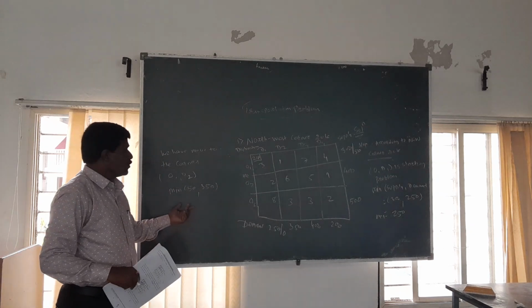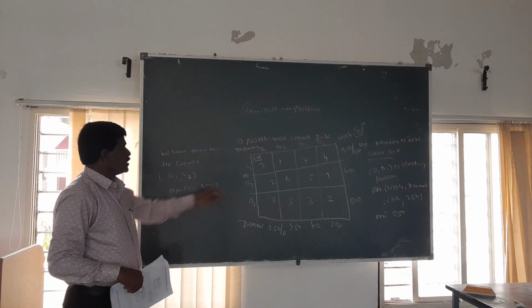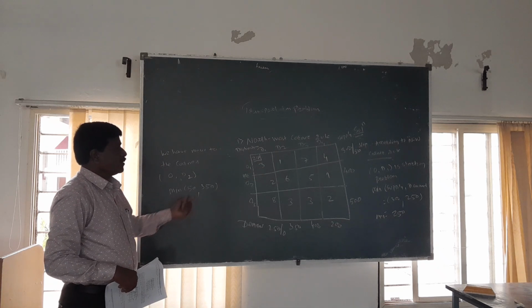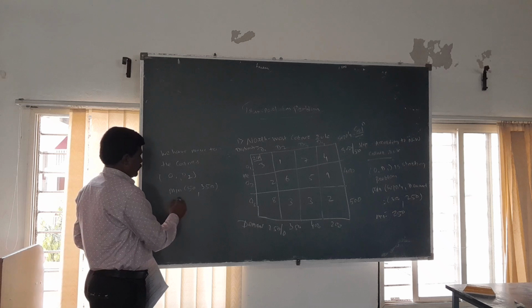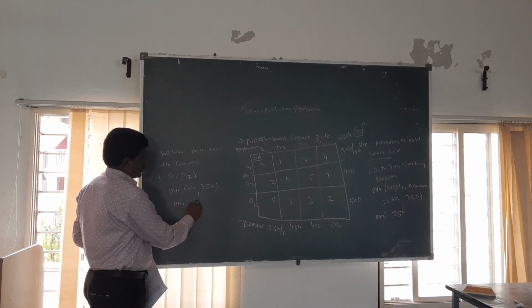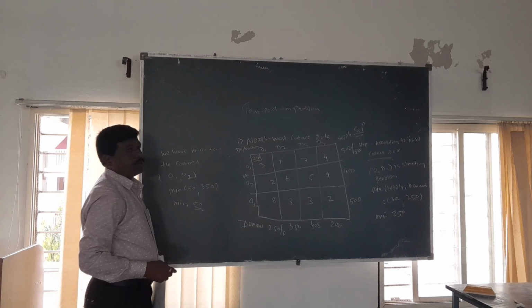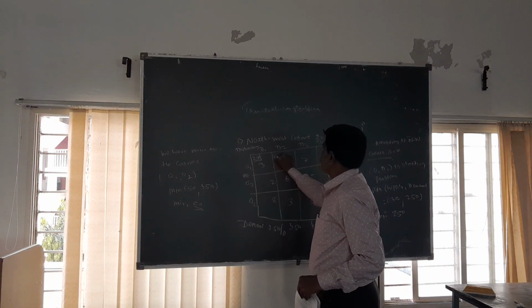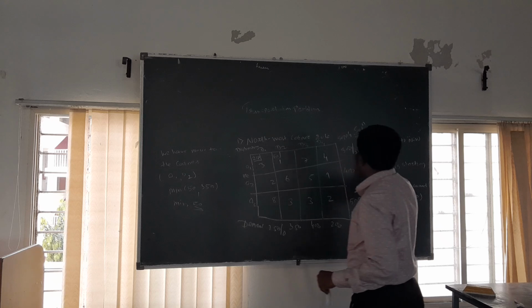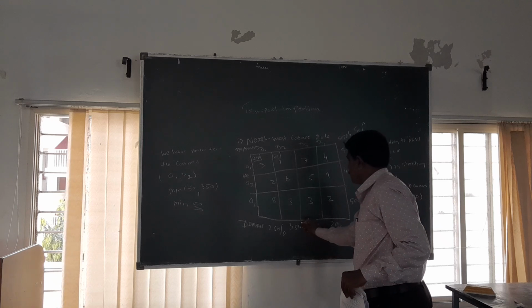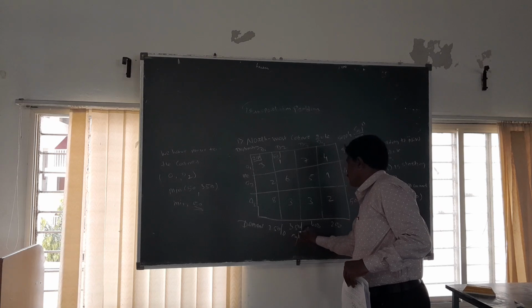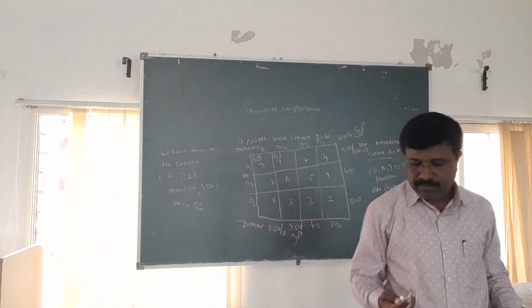The minimum value is 50, so we allocate 50 in the cell O1 D2. Here the remaining supply is 0, and 350 minus 50 is remaining 300.